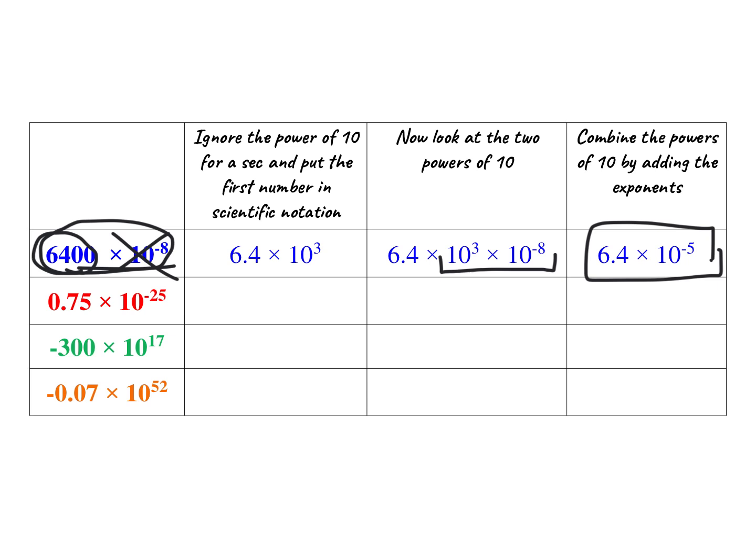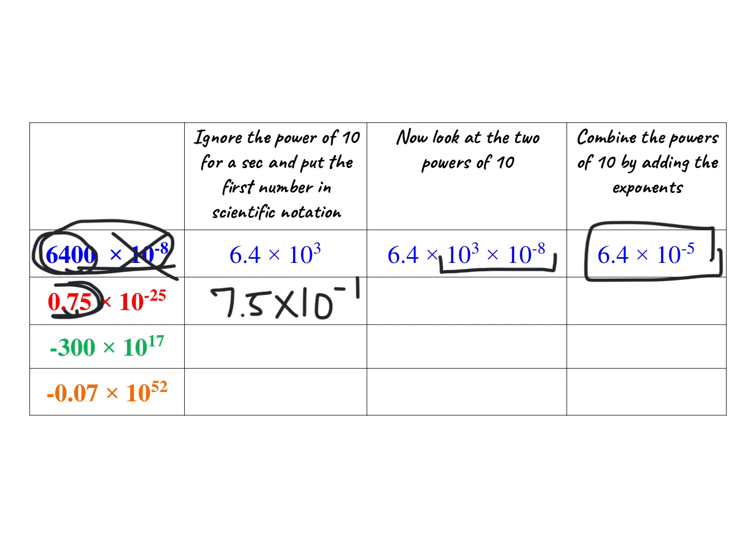So we can do the same thing for the next one. The next one's not in scientific notation because this first number right here has to be 7.5. So we're going to change 0.75 to 7.5 times 10 to the negative first, because remember 0.75 is a small number. We moved the decimal point to the right one time, so the exponent on that would be negative 1.